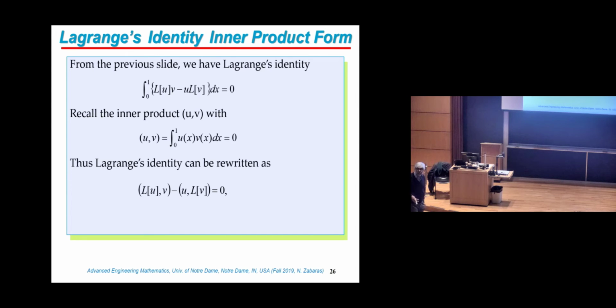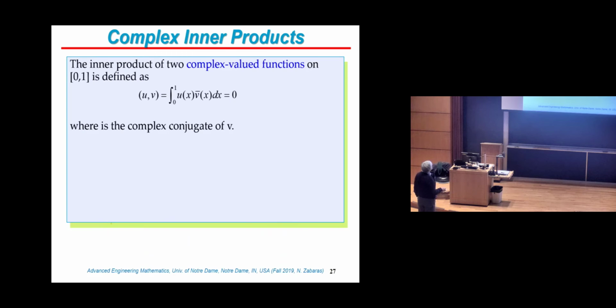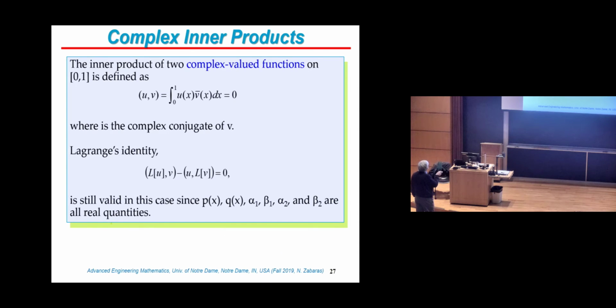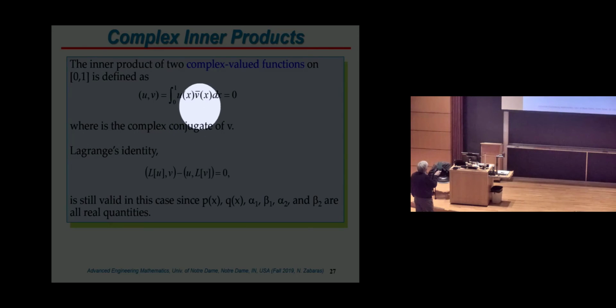When the matrix is symmetric, right? Here, there is no such thing as symmetric. It is a self-adjoint operator. Now, by the way, you can extend these ideas to functions that are complex. The only thing you have to do is define the inner product as the integral of U times the complex conjugate of V dx, okay?